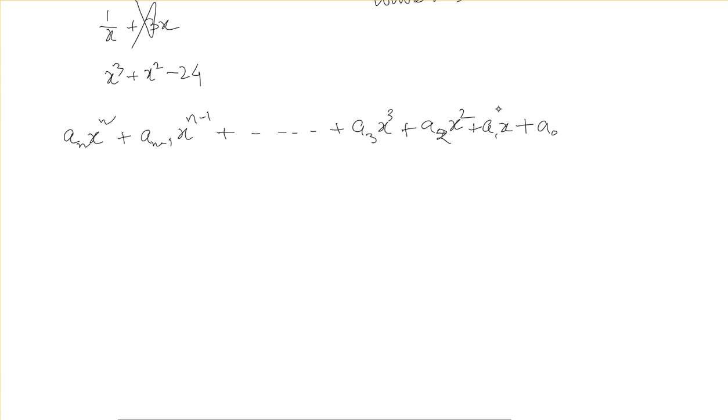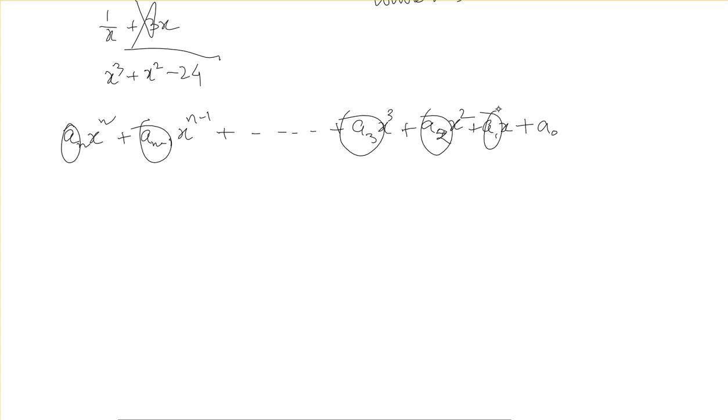These a n minus 1, a3, a2, a1, a naught are coefficients. I just told you a few minutes ago about coefficients. These are real numbers, and all powers of x, these are variables. N is a non-negative integer.